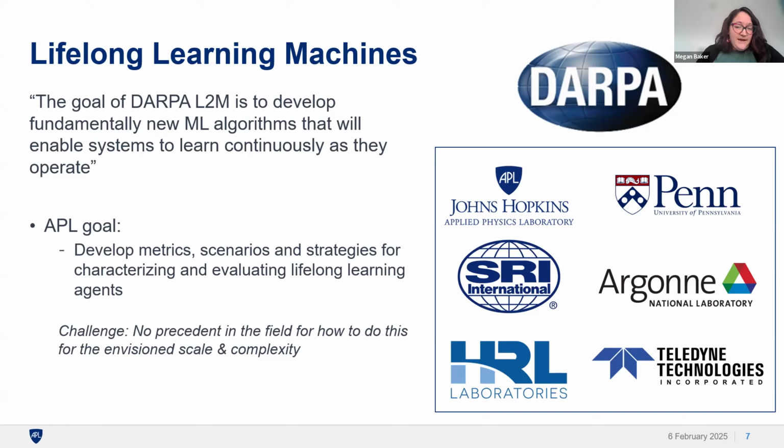And we had the 5, we call them system groups, but these are the lead organizations other than APL. And APL's role specifically was on the T&E team, so test and evaluation. Our goal was to develop metrics, scenarios, and strategies for how we characterize and evaluate these systems and make sure that we're seeing progress over the course of the program.